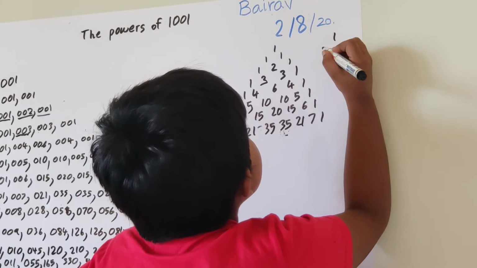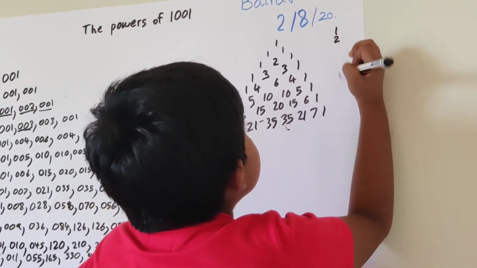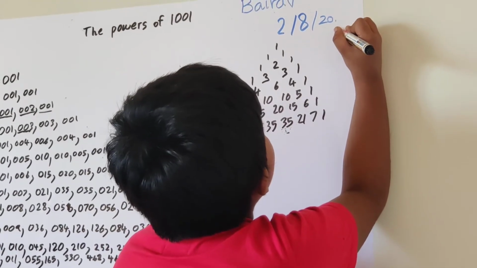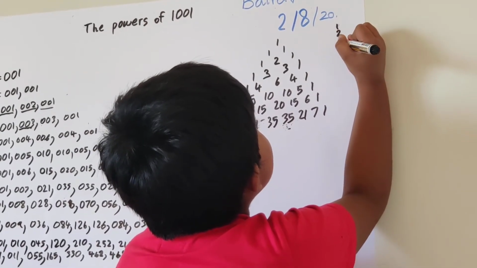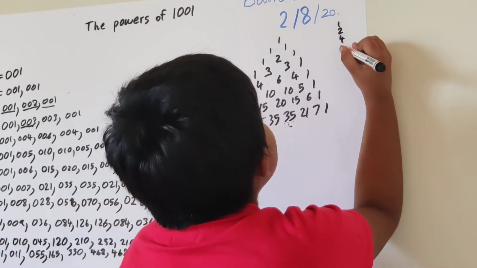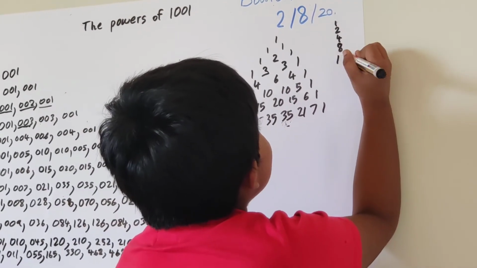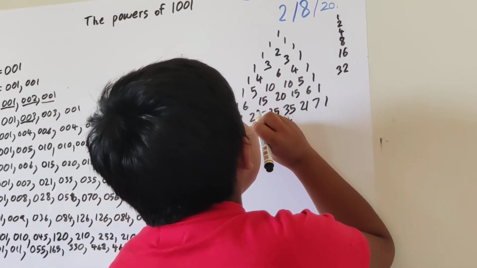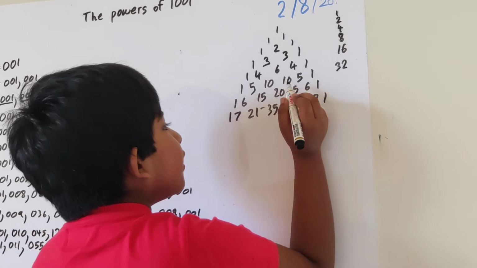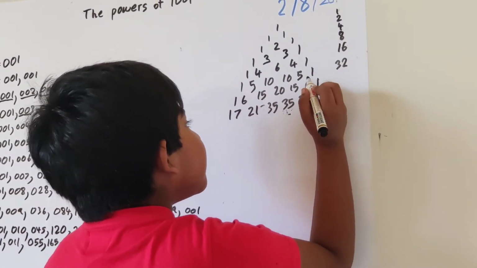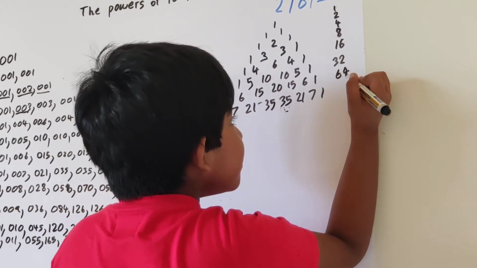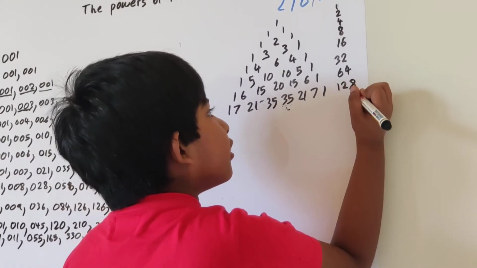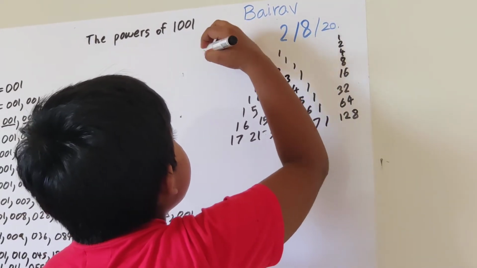This is 1, 2. So we have sum is 1, sum is 2, sum is 4, sum is 8, sum is 16, and then sum is 32, and then 64, and then this will be 128.